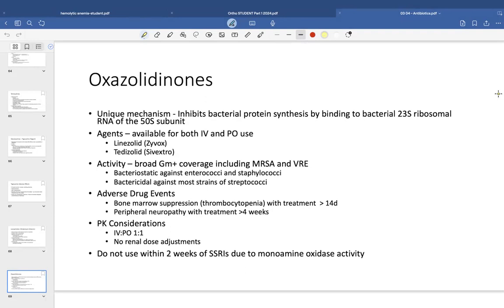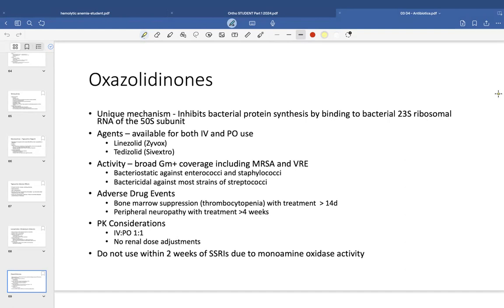Really think of this as an alternative to vancomycin. Very often in the hospital, these patients will have an IV bank and then additional treatment with linezolid. Give the oral because it's available, but you can also start them on IV linezolid as well.